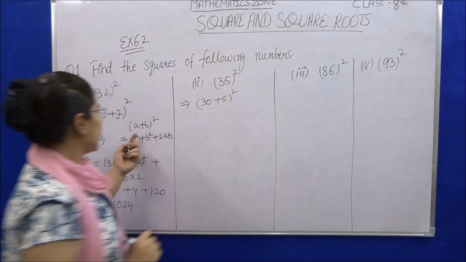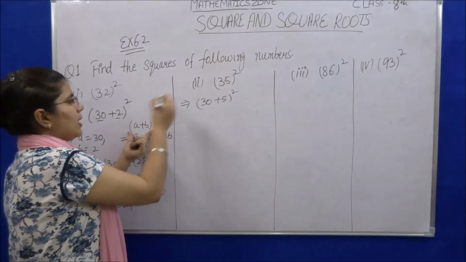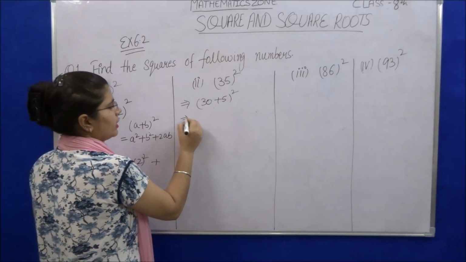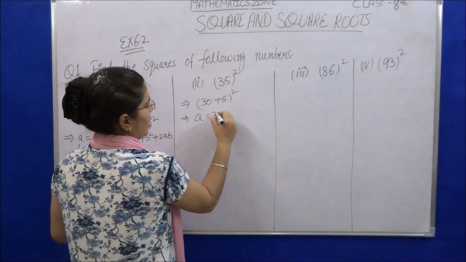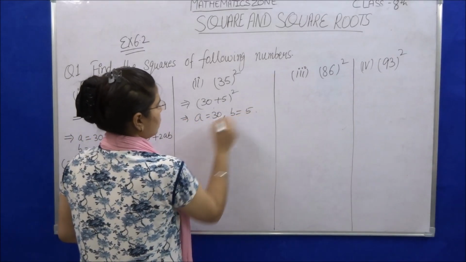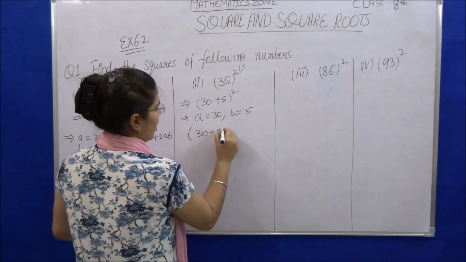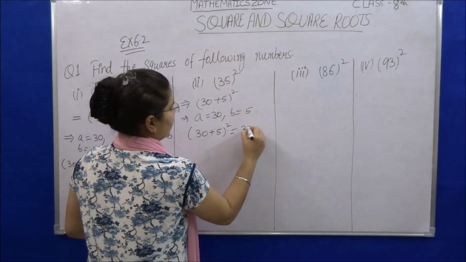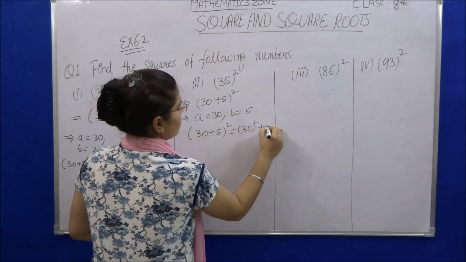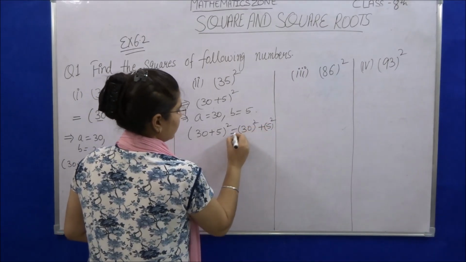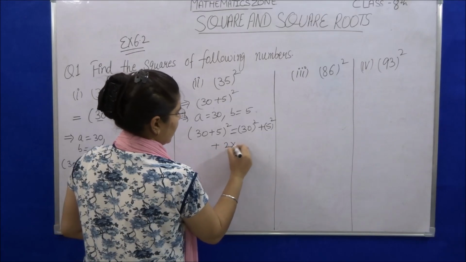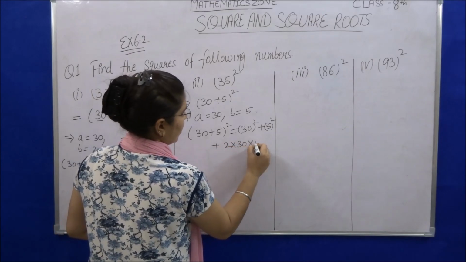Now 35 square. So 35 square will be written like (30 + 5) square. Again, by applying this identity we get a is 30 and b is 5. So (30 + 5) square equals 30 square plus 5 square plus 2 multiplied by 30 multiplied by 5.